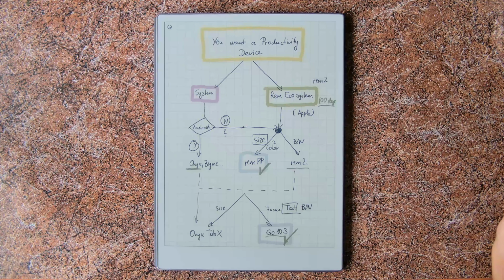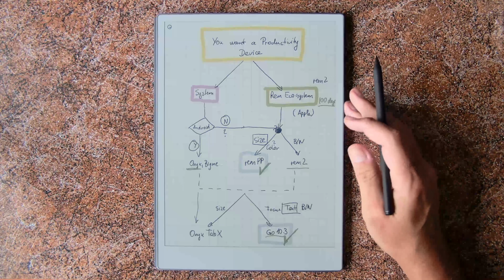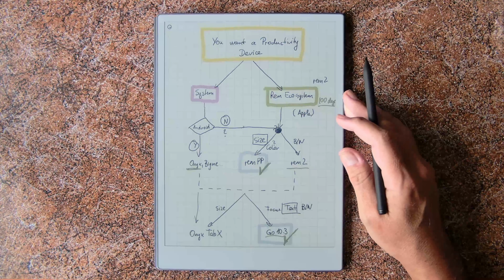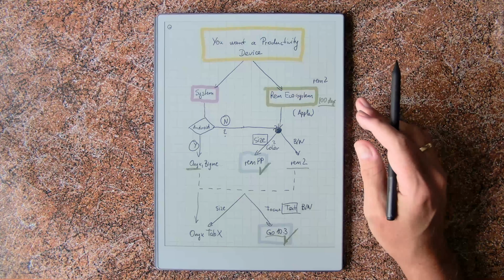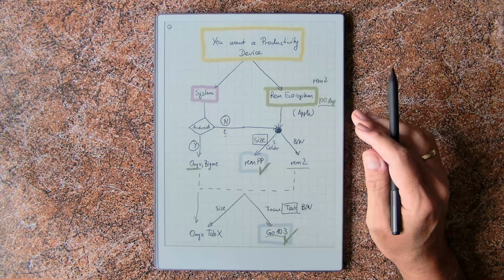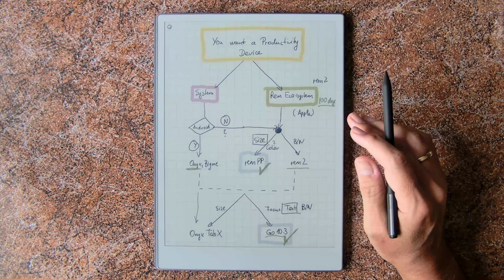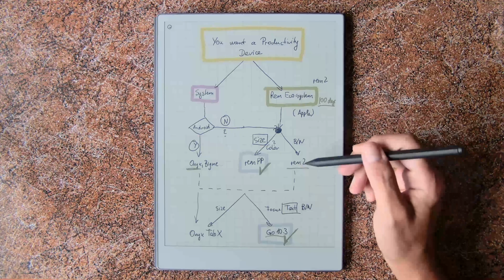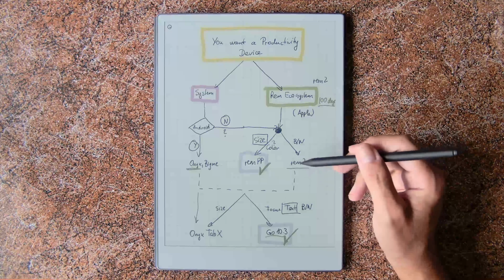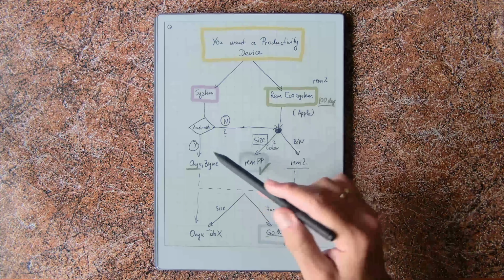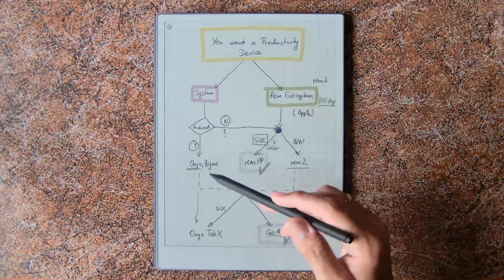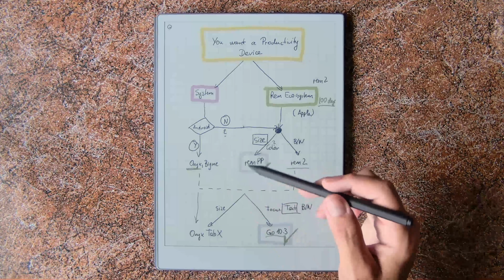Okay, here we are now in the diagram that I have been drawing and using to try to help you find a decision background, whether the reMarkable Paper Pro is right for you, whether the reMarkable 2 is still a good purchase, or, depending on your preference for systems and ecosystem, if you want to go into the Onyx, Boox, whatever world in Android anyway.